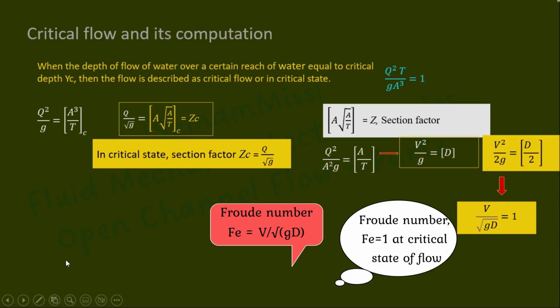So I will repeat: in critical state of flow, Q square T by G A cube equal to 1, or section factor equal to Q by root G, velocity head equal to half the hydraulic mean depth, and Froude number equal to 1. All these equations are valid and can be used to represent the critical state of flow irrespective of the shape of the channel.